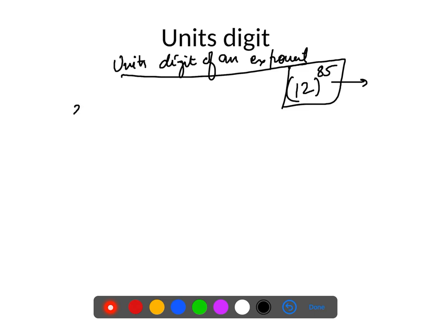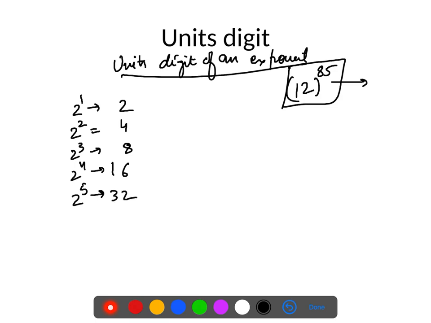So let's take any number, 2. 2 raised to power 1 is 2, 2 raised to power 2 is 4, 2 raised to power 3 is 8, 2 raised to power 4 is 16, 2 raised to power 5 is 32, 2 raised to power 6 is 64, 2 raised to power 7 is 128, 2 raised to power 8 is 256.